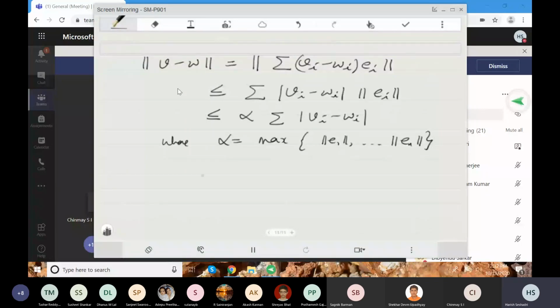So therefore, if the Euclidean norm of v minus w is small, this is the summation of vi minus wi squared, whole thing under square root.